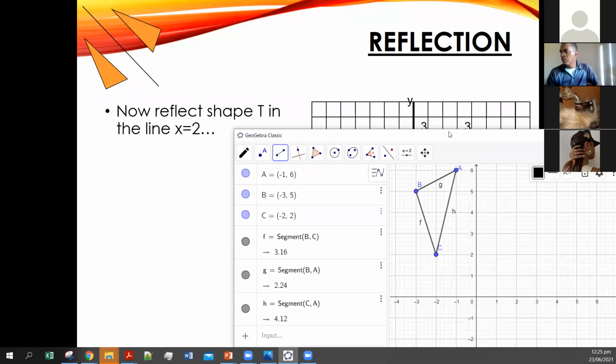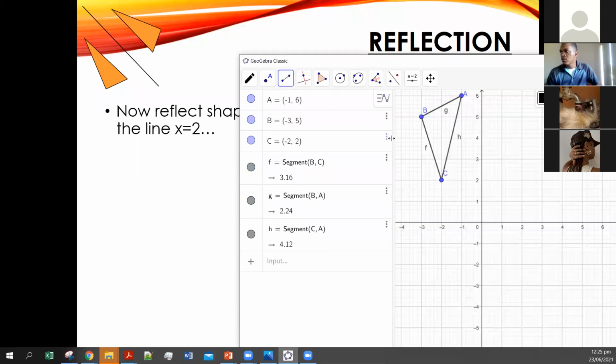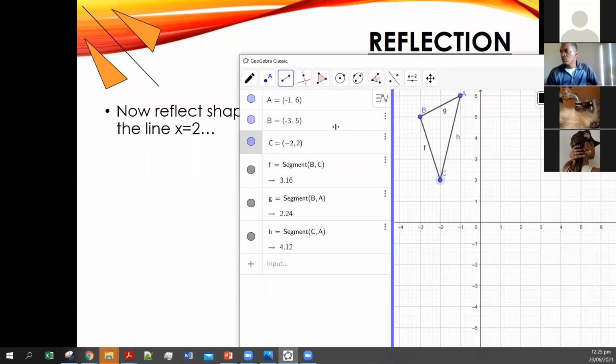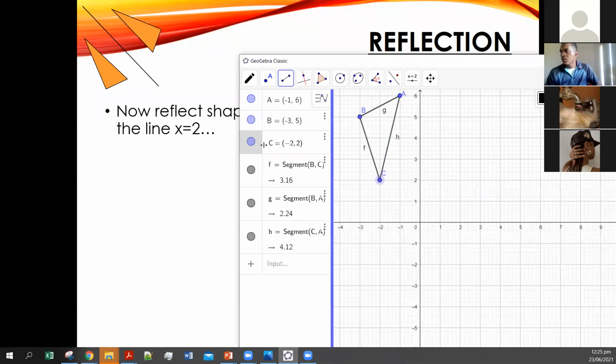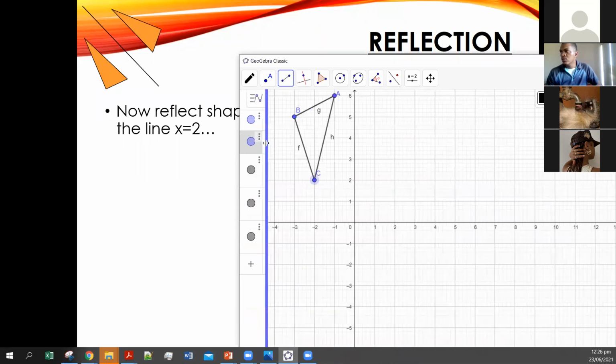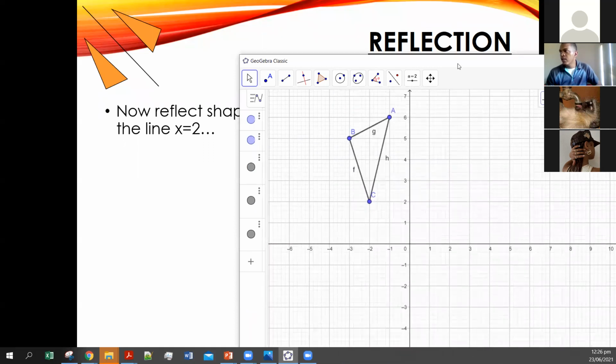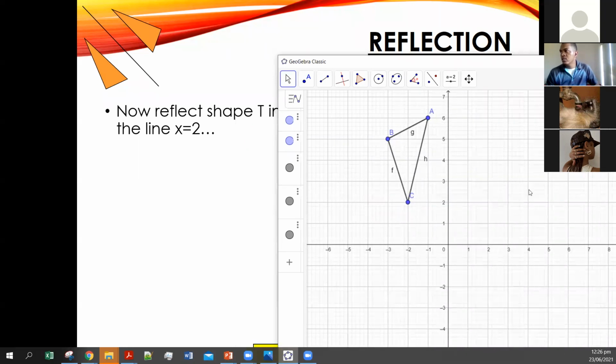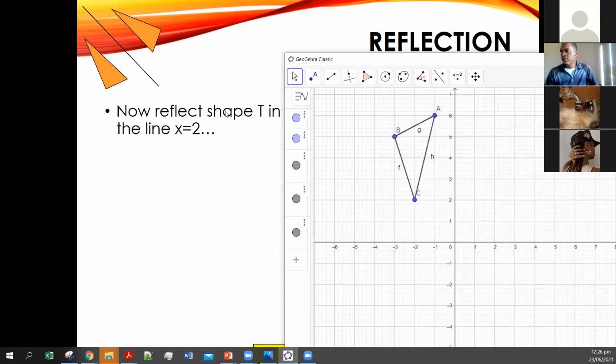Okay, the reason I'm using GeoGebra here is because I don't want us to focus on those blue lines. I want to have a clear shape where we can focus on and see where everything is coming from. So with this one, it says we have to reflect the shape T in the line x equals 2.